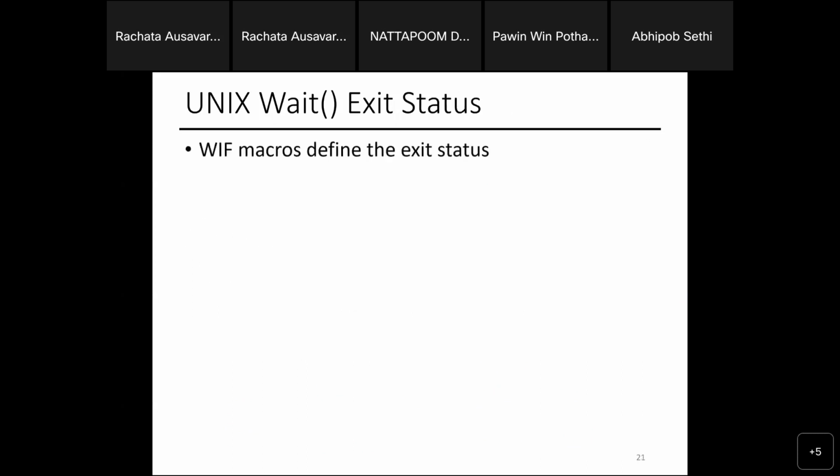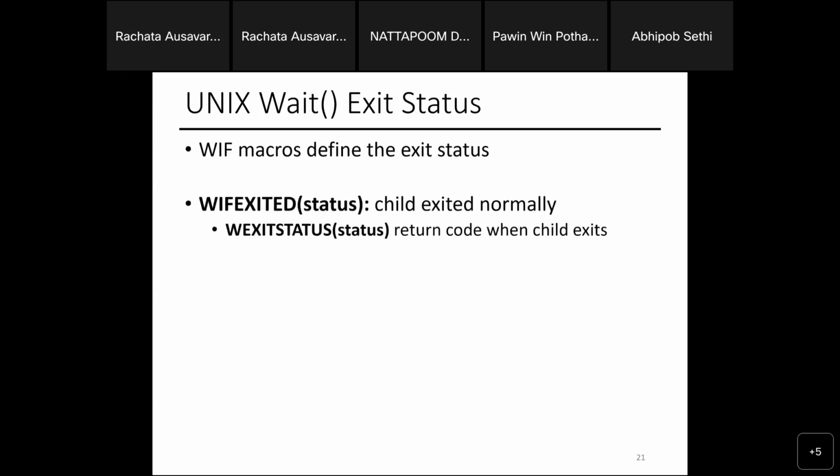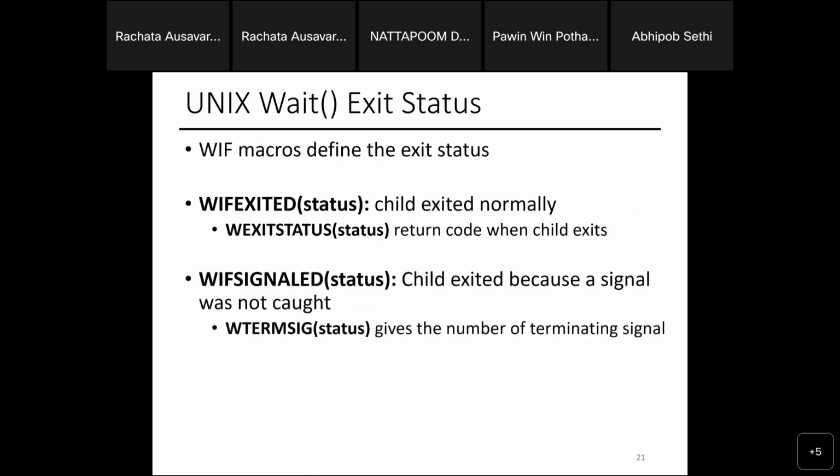And then to determine the exit status, which is done using a pointer, it's through the W macros. I can call WIFEXITED with the status from the child to specify that it exited normally. WIFSIGNALED with the status means the child exited because of a signal that was not caught.